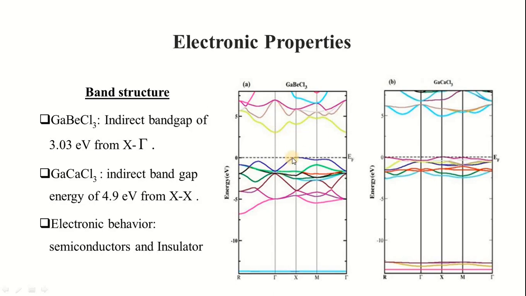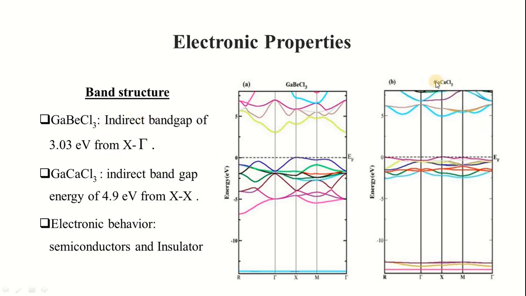Here we see that the valence band maxima and the conduction band minima lie at different symmetry points. The valence band maxima lies at the X symmetry point, whereas the conduction band minima lies at the T symmetry point, which shows the indirect band gap of 3.03 electron volt.